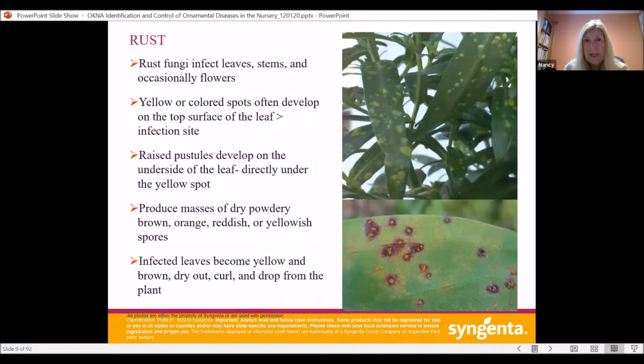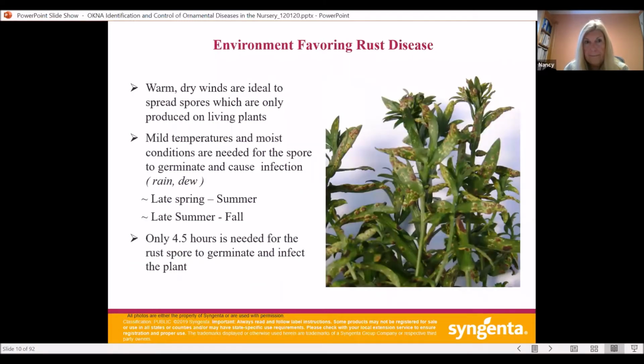And the first indication of rust may be these chlorotic or yellow spots that you see on the upper side of the foliage. And then if you turn that leaf over, you will notice, corresponding to those spots, the pustules on the underside. So the environmental conditions that favor rust are typically seen in late spring or early summer, and then again, late summer and into the fall is when we typically see our rust problems occur.